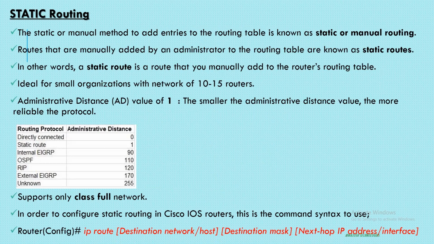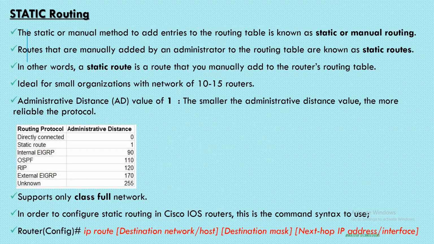Routes that are manually added by an administrator to the routing table are known as static routes. In simple terms, static routing is the method, and static routes are the routes added manually. In other words, a static route is a route that you manually add to the router's routing table.